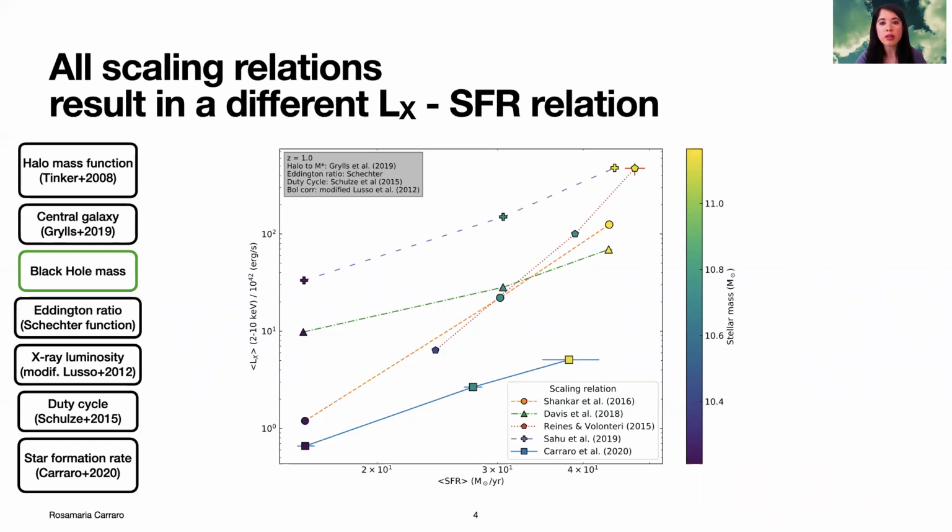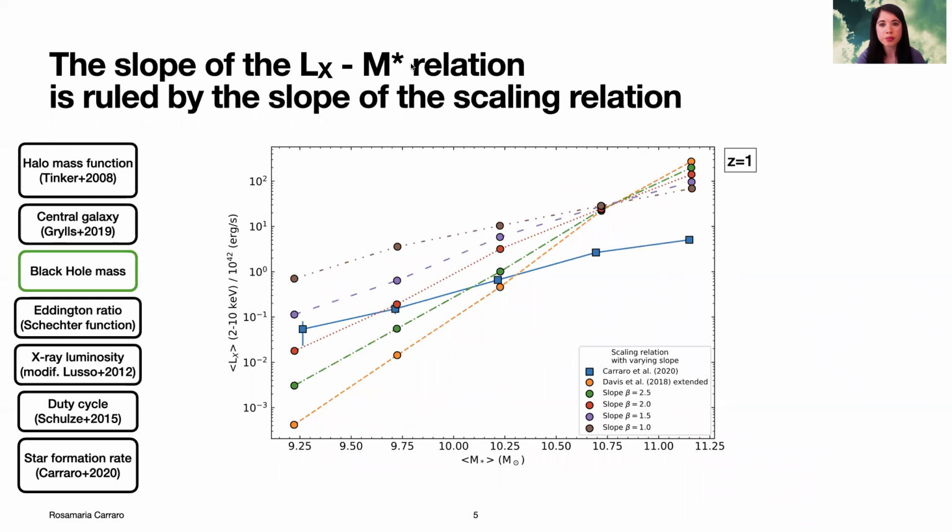We can see that all the scaling relations generate an LX to SFR relation, in which more massive galaxies are more star-forming and more actively accreting the black hole. Each scaling relation produces a different relation, so this tells us that the scaling relation probably plays a role in determining the X-ray luminosity. So we went on to explore this.